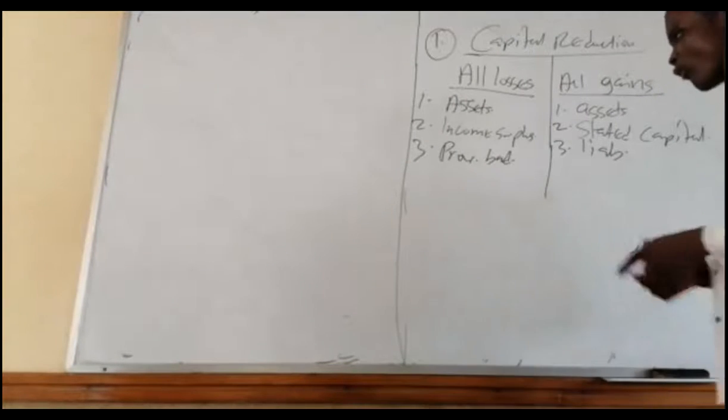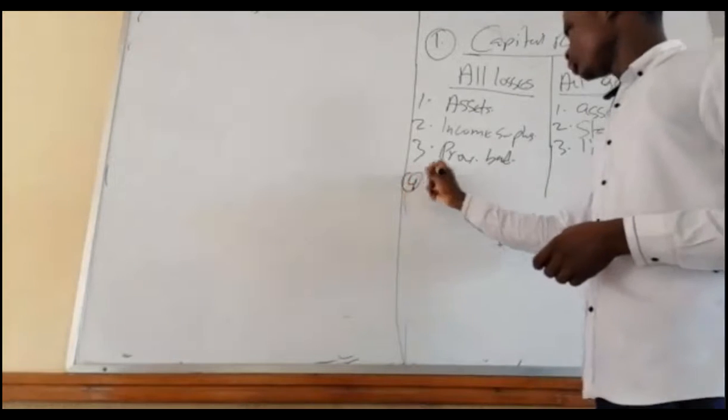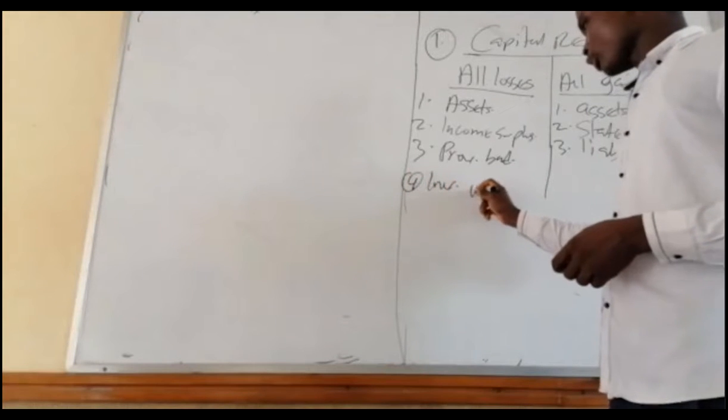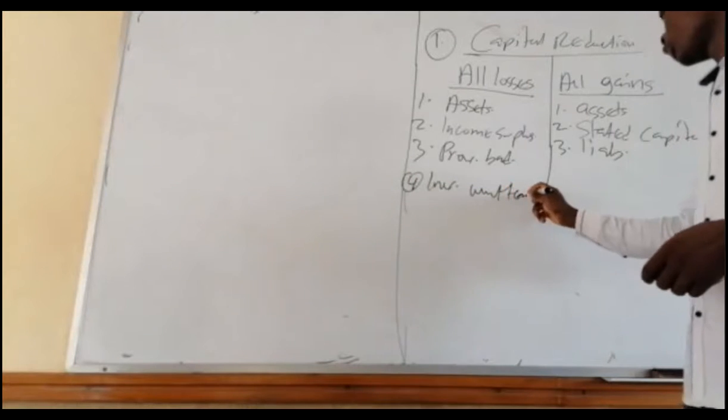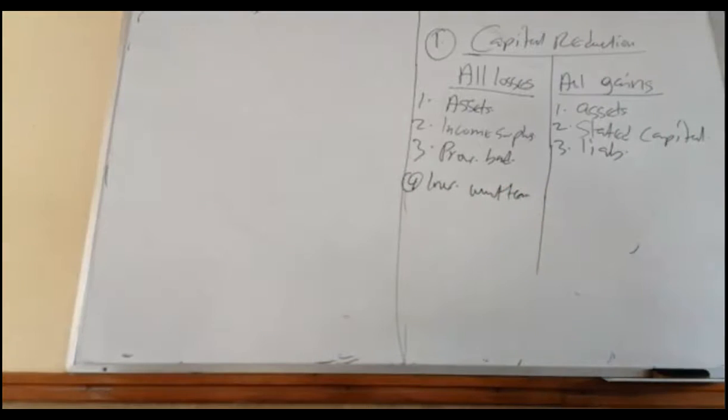Then item number 4, inventory written down. If we want to move on and wear white, then we have to cancel some issues out. We have to take all the goods that are not in good shape out, clean everything, and then see. So they also are a loss.